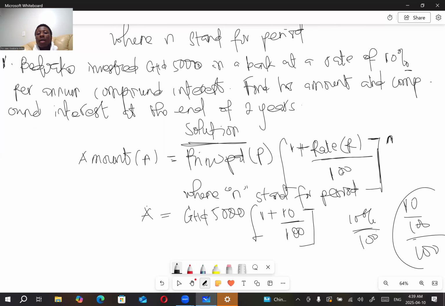So all over n is the period, and the period is the number of years he intends to save with the bank. So Bediako wants to save with the bank for 2 years, so the exponent will be 2.